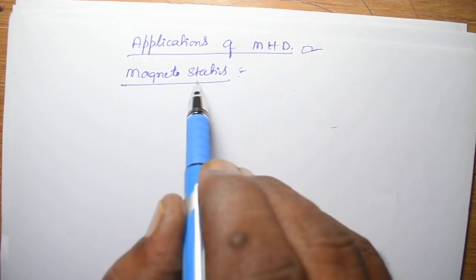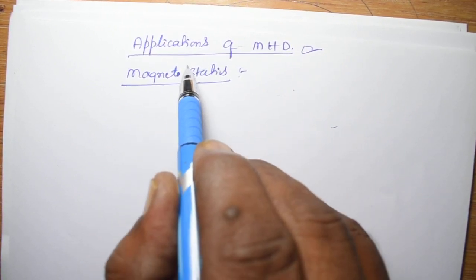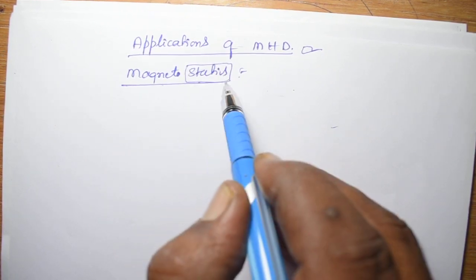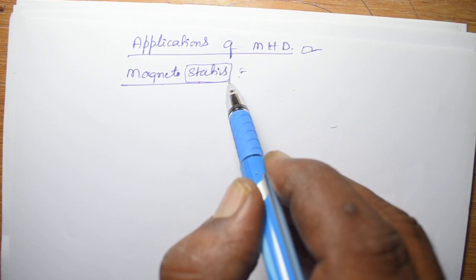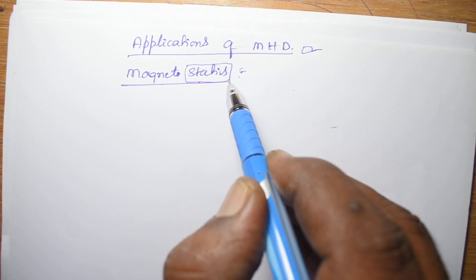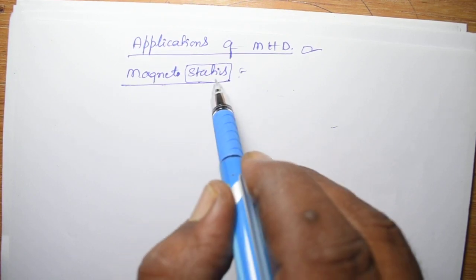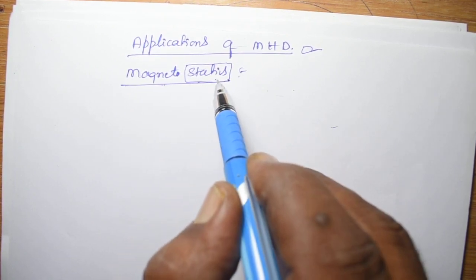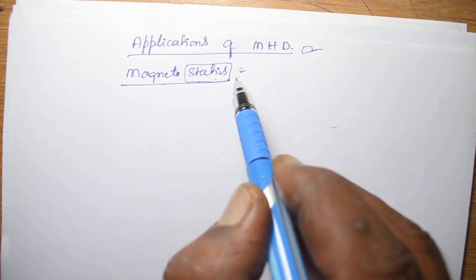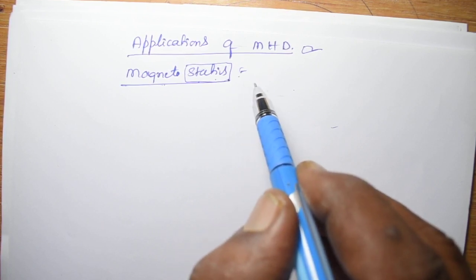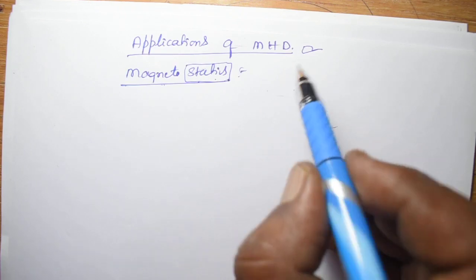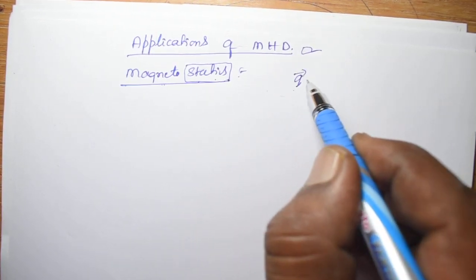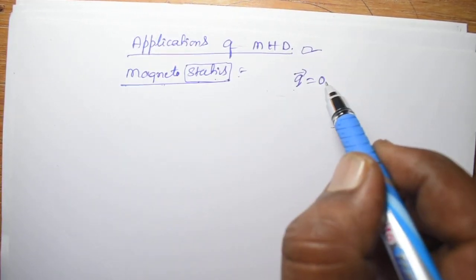Magnetostatics. The name itself says static, so you might understand that there will be no magnetic field. No, it is not. Magnetostatics deals with the study of an electrically conducting fluid at rest in the presence of a magnetic field, meaning the velocity is zero but the magnetic field is present.